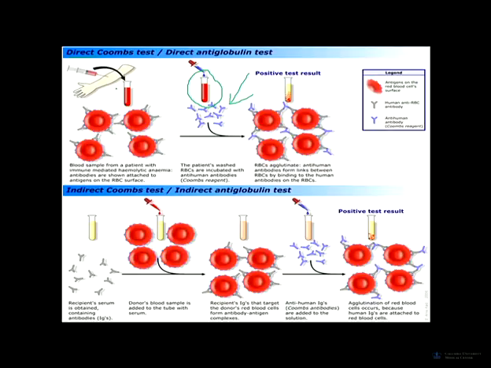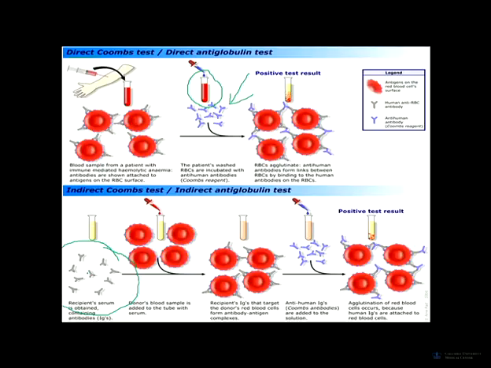The indirect Coombs test gets its name because it's a two-step reaction. You don't get the result directly. This is different than the first step here. Here, you're not looking for antibody-coated erythrocytes. Here, you're looking at the patient's antibodies. You're getting the patient's serum, the liquid portion of blood that has the clotting factors removed from it.